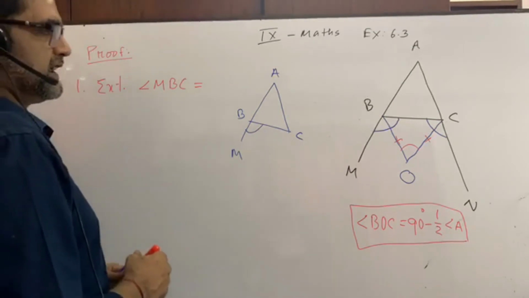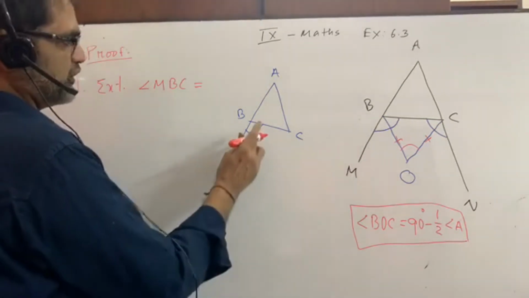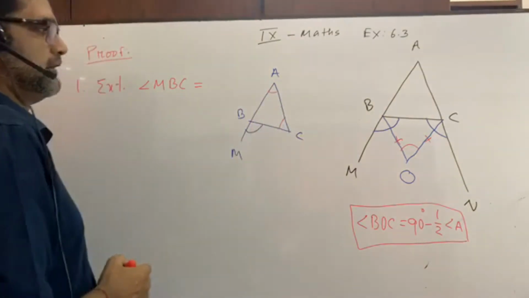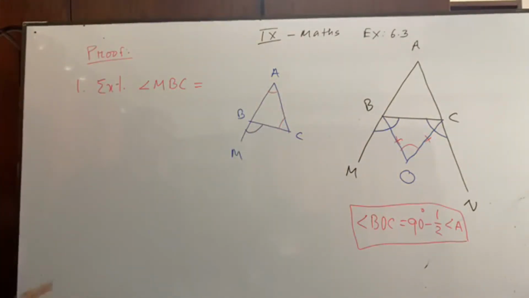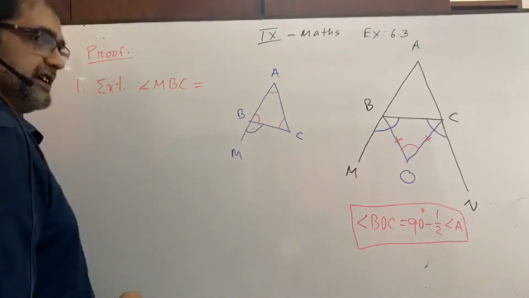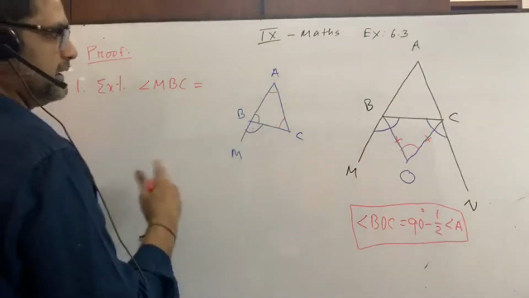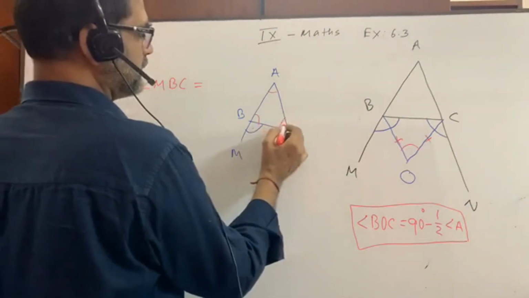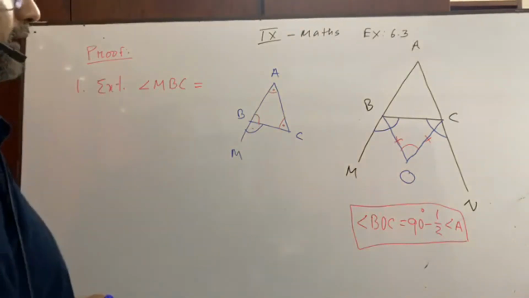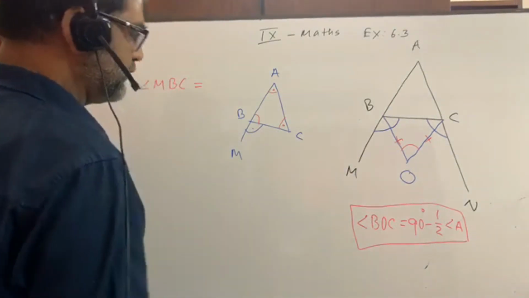You have been taught in class 7 or 8 that the exterior angle is equal to the sum of the opposite interior angles. Have you got me? This angle and this angle are adjacent angles. Here in this math it is called the sum of the opposite interior angles.